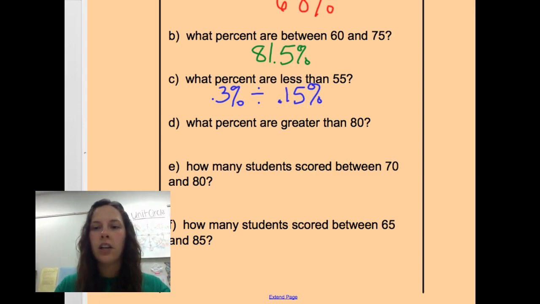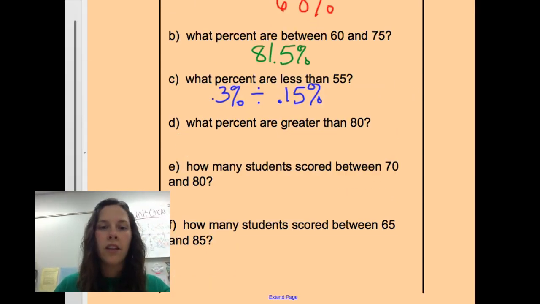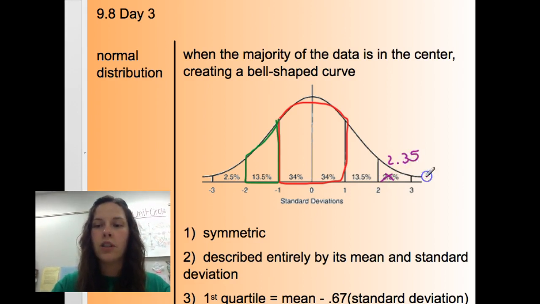What percent are greater than 80? 80 is 2 standard deviations away. This original graph that I gave you, if you add up all of these numbers, it actually adds to 100%. So we need to modify these slightly for our rule. This should be 2.35. And then as we just found out, this was 0.15%.